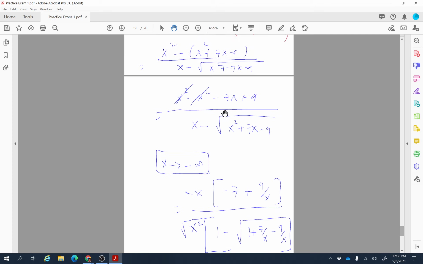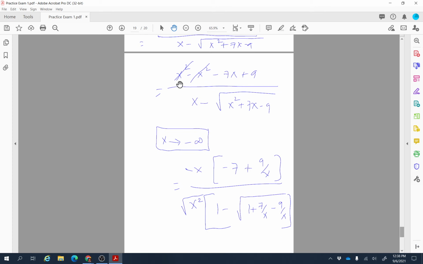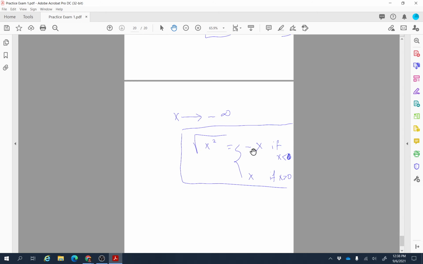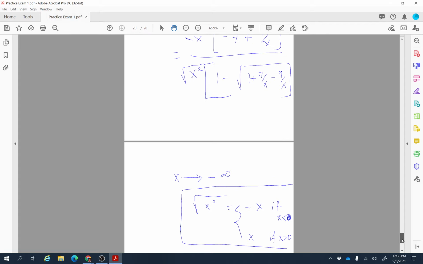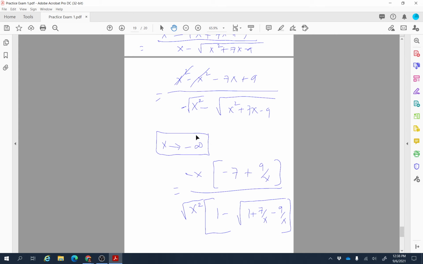So when we try to simplify here, we can factor out the square root of x squared. I can write this x as negative of the square root of x squared. By doing that, this negative of the square root of x squared is x. Why can we do that? Because we are just interested in what happens when x is negative.